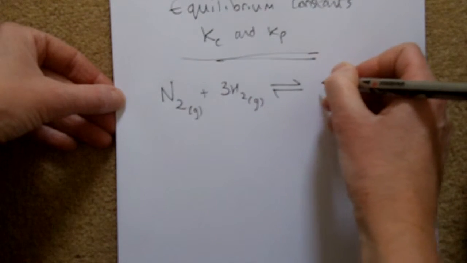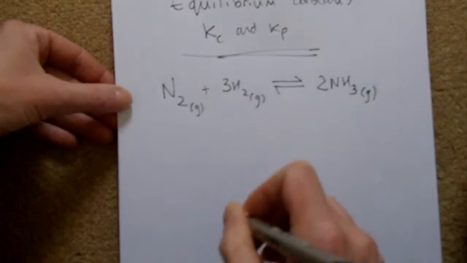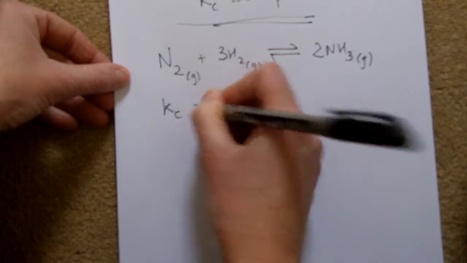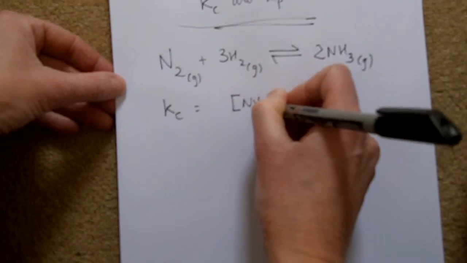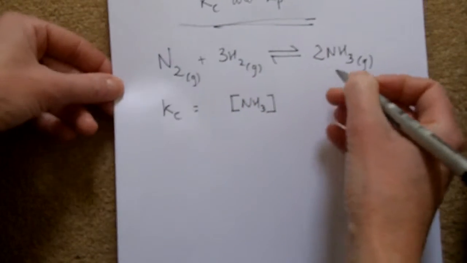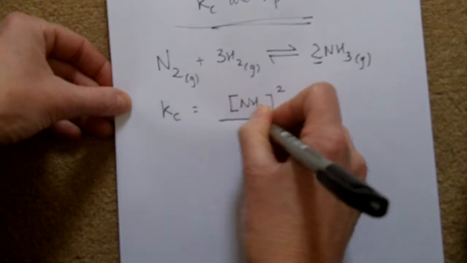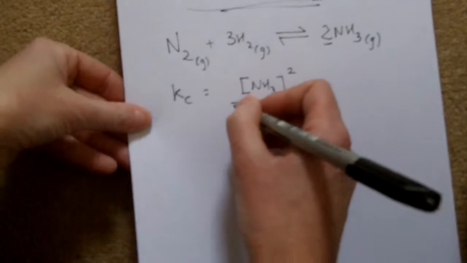You can write an expression for Kc. Okay, so Kc is the concentration of the products, and because there are two ammonias, you put squared, divided by the concentration of the reactants.